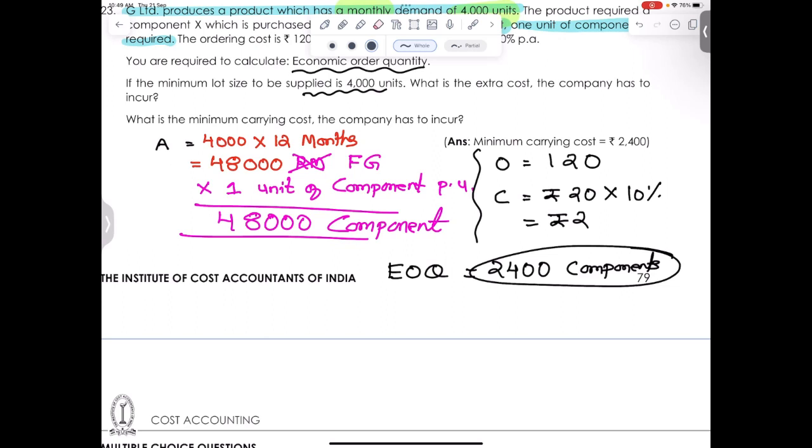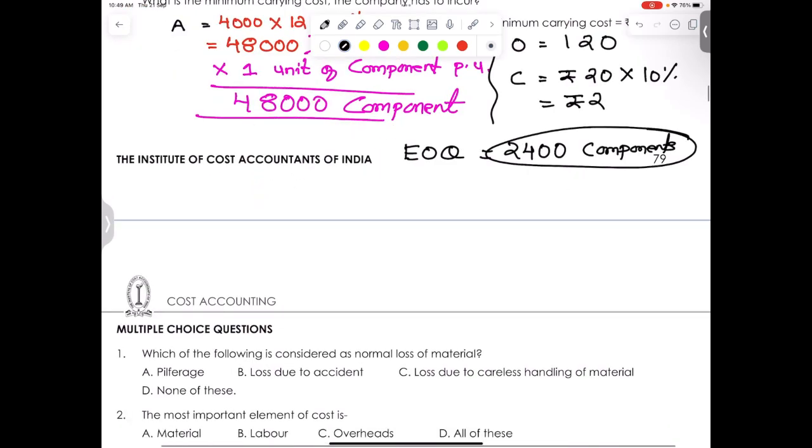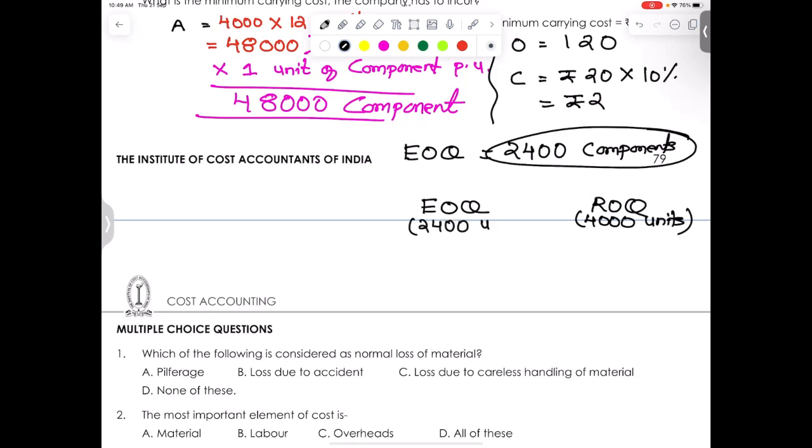So what is the extra cost the company has to incur? We have to work out EOQ and ROQ again. ROQ is 4000 units, EOQ is 2400 units. Clear?